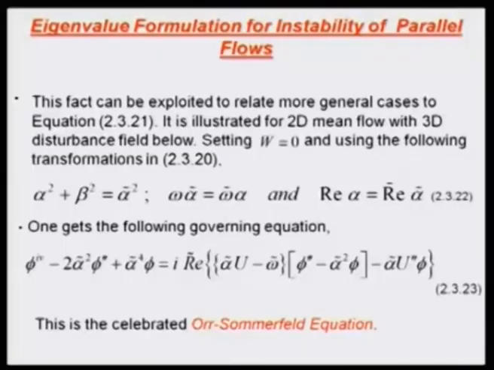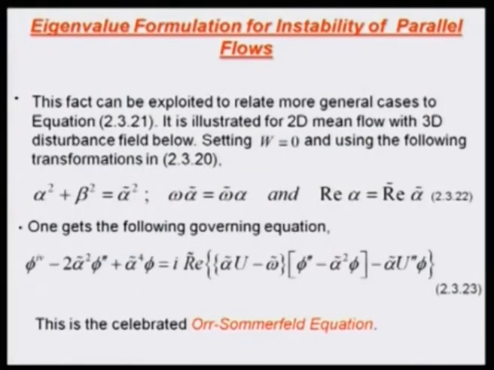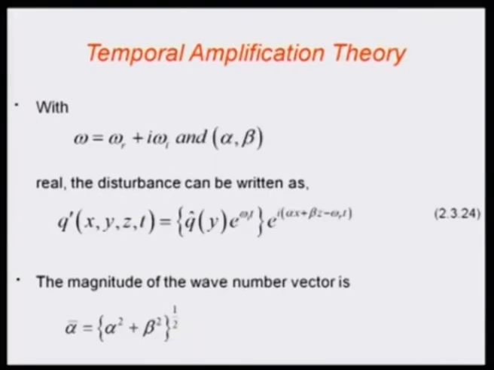So, that is what was done by Squire. This transformation is what is called the Squire transformation, and what it does basically is reduce the 3D disturbance equation to an equivalent 2D disturbance form. This is also the Orr-Sommerfeld equation that we talked about. So, whether we are looking at a 2D disturbance field or a 3D disturbance field, for a 2D mean flow we can always bring it down to this.